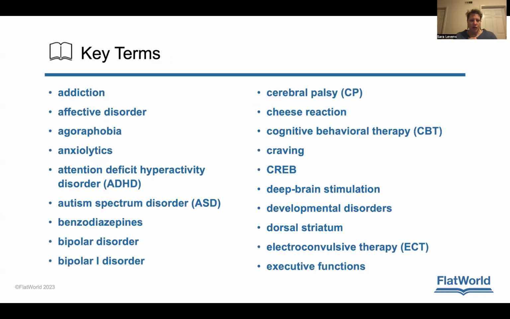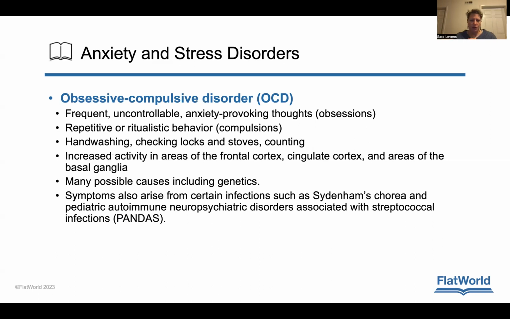Just taking a look at what we have next, we are at obsessive compulsive disorder. These are frequent, uncontrollable, anxiety-provoking thoughts, obsessions, and repetitive or ritualistic behaviors. These are compulsions, which can include checking routines, hand washing, checking locks, and counting. This is also associated with increased activity in the frontal cortex, the cingulate cortex, and areas of the basal ganglia.